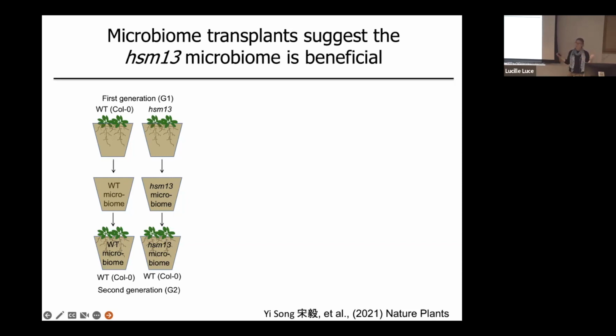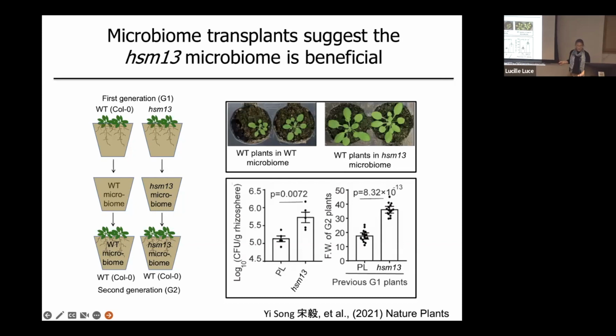Then he removed the plants and put wild type plants in both soils, and then asked what the effect of just the soil is on plant health. In doing this, he found that the wild type plants in wild type soil were much smaller than wild type plants in the HSM13 soil. And you can see this correlates quite nicely with increased Pseudomonas fluorescens. So there's more Pseudomonas in these soils, and so you get growth promotion. And so it seems at least that the HSM13 microbiome isn't harmful.